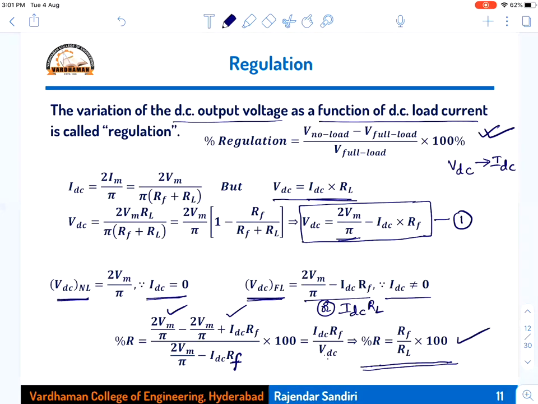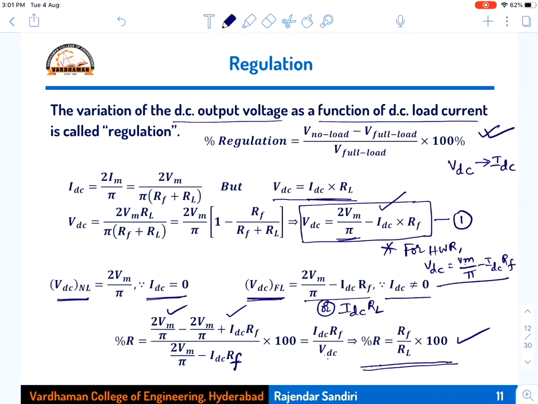Okay, so this is a very, very important formula: VDC equals 2Vm by pi minus IDC into RF for the full wave rectifier. The same formula for the half wave rectifier is VDC equals Vm by pi minus IDC into RF. This is the equation for the half wave rectifier, and this is the equation for the full wave rectifier. What is the difference? The first term is Vm by pi.